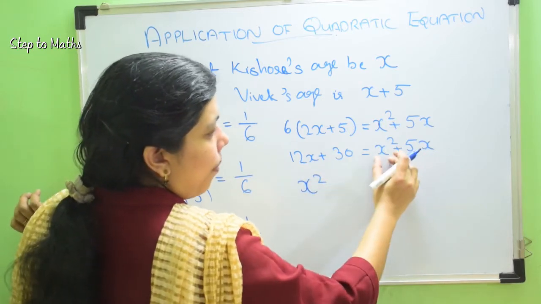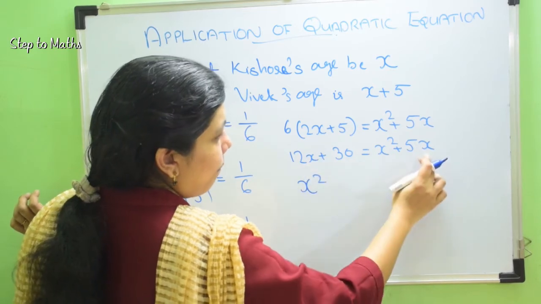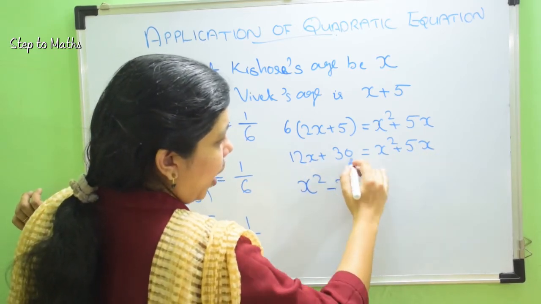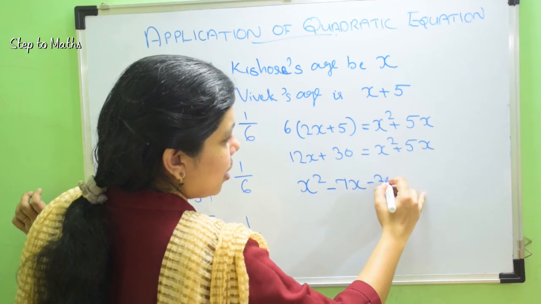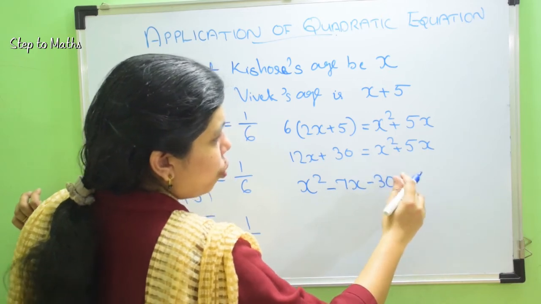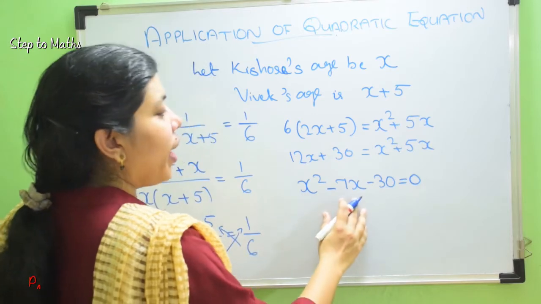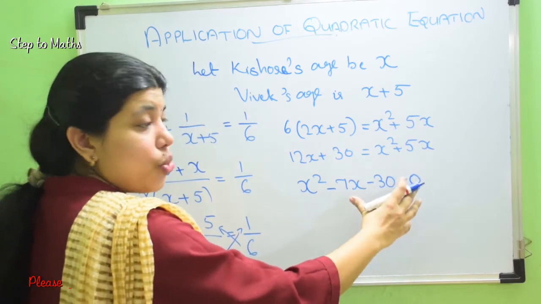X square plus 5x minus 12x, that is minus 7x, minus 30 equal to 0. X square minus 7x minus 30 is equal to 0.